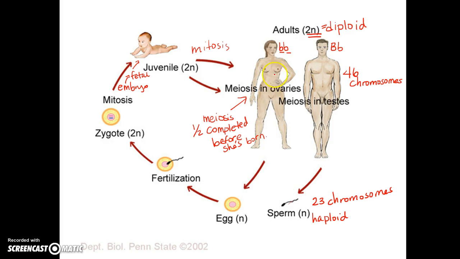A woman is born with a whole bunch of eggs in her ovaries already, and they're suspended halfway through meiosis, and every month meiosis is completed and she releases an egg once per month.